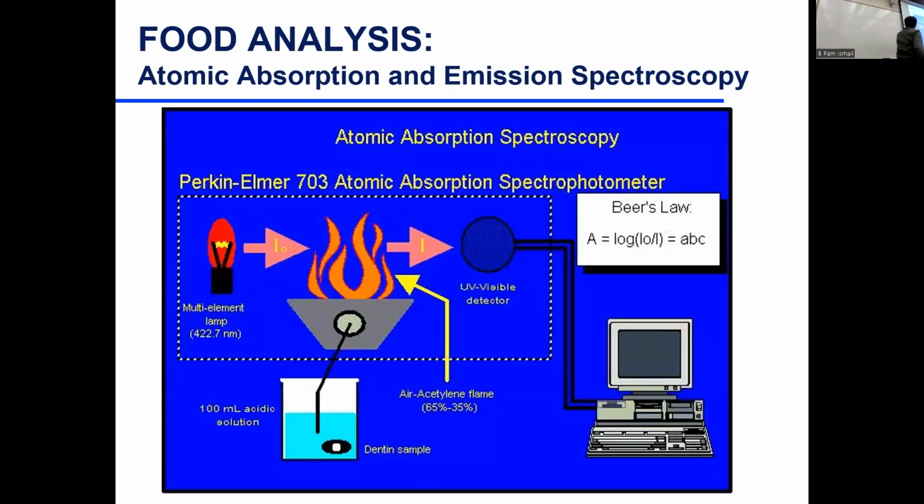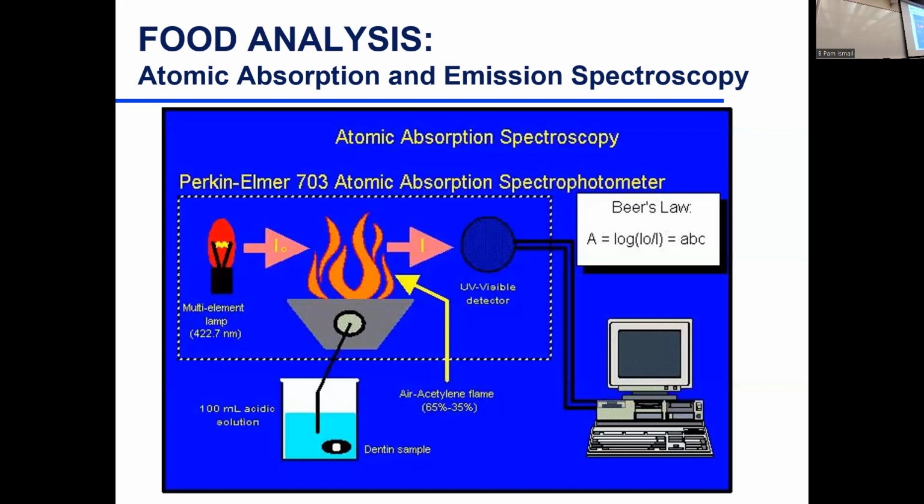So you have your lamp that gives you the light spectra specific for your element of interest. You have your sample, the capillary tube, nebulizer, mist into the flame. Your solvent evaporates, your minerals are in the form of atoms in gaseous state. They absorb light. And then the emitted light might have different wavelengths because you didn't have the monochromator here.